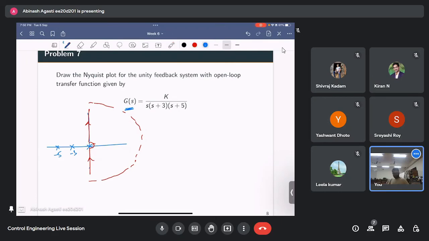First write G(j omega), this is K by j omega into (j omega plus 3) into (j omega plus 5). Now first let us plot the part where omega is equal to 0 to infinity. In that part, first tell me what is the value at 0.